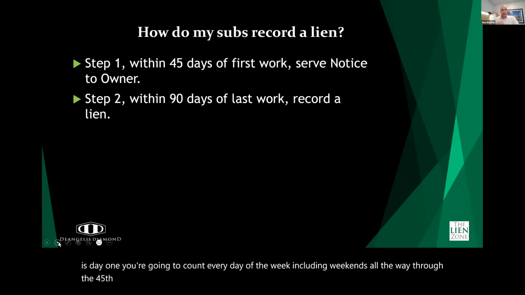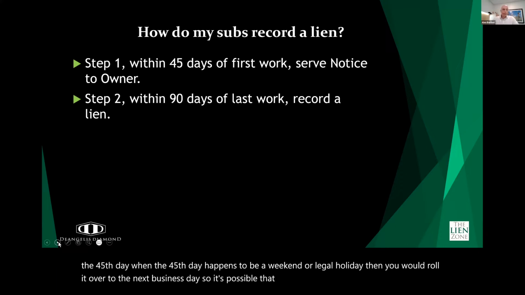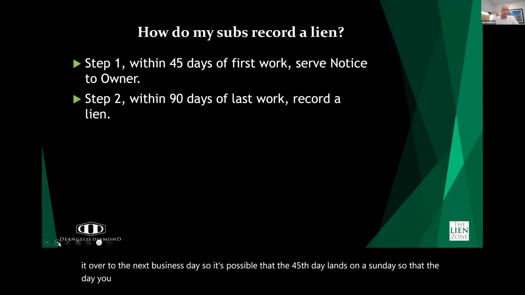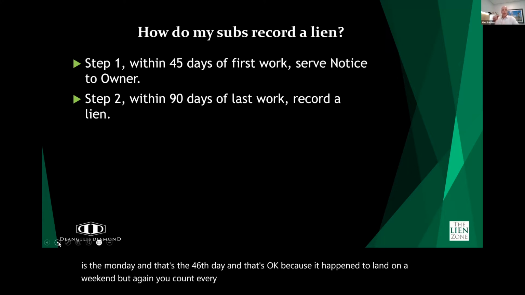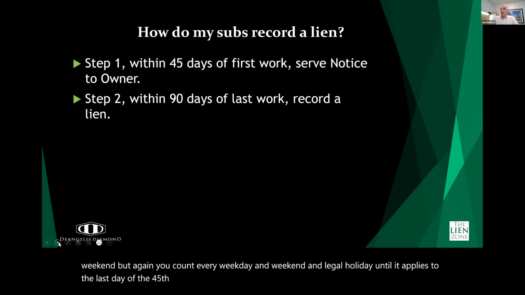When the 45th day happens to be a weekend or legal holiday, then you would roll it over to the next business day. So it's possible that the 45th day lands on a Sunday, so the day you get it is the Monday, and that's the 46th day, and that's okay, because it happened to land on a weekend. But again, you count every weekday and weekend and legal holiday until the last day, the 45th day.